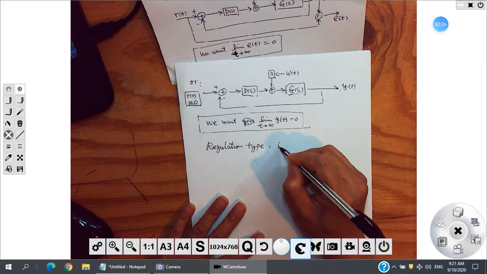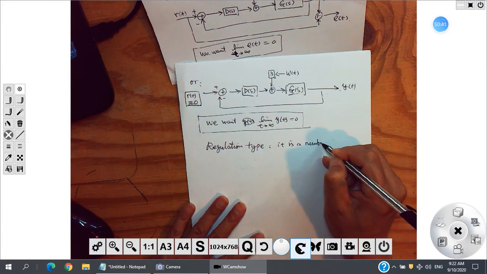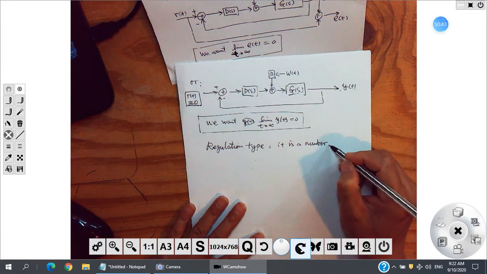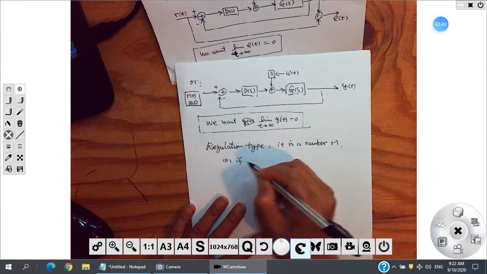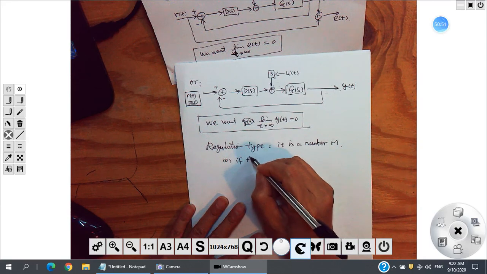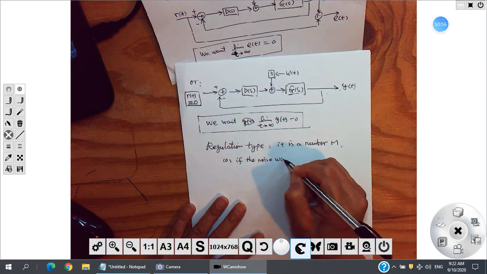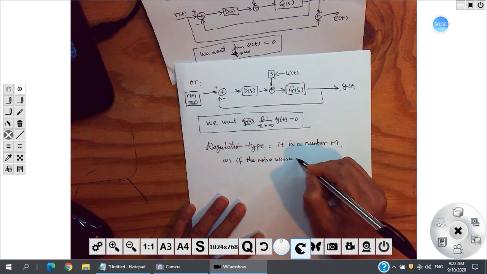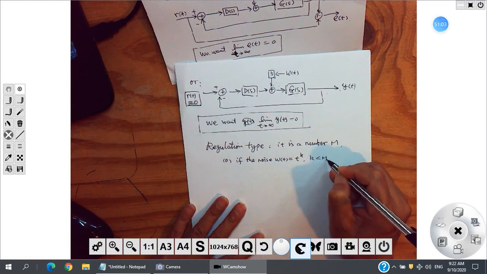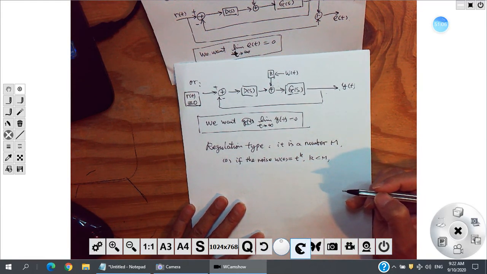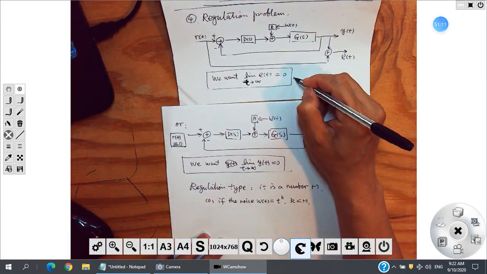It is a number, I still use M. It's a number M. If the noise, now it's a noise, W of t equal to t to the K, and the K is a number smaller than M. Now we have this one. Then that is also ESS.